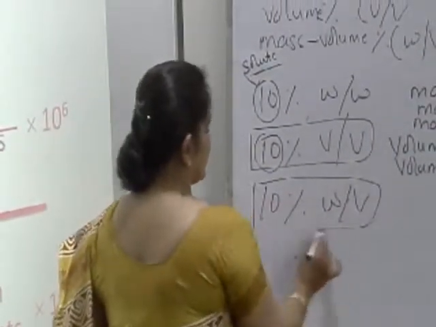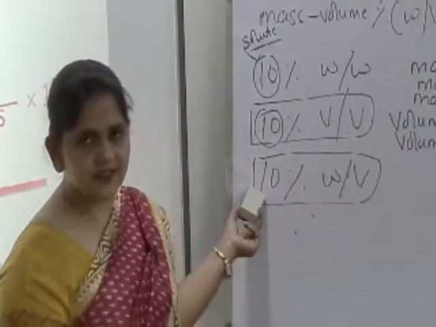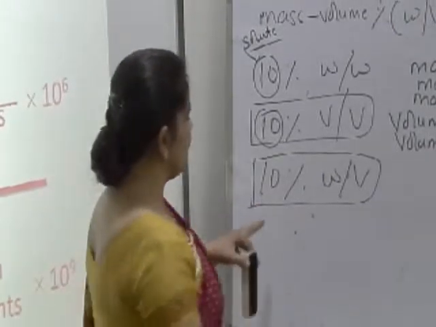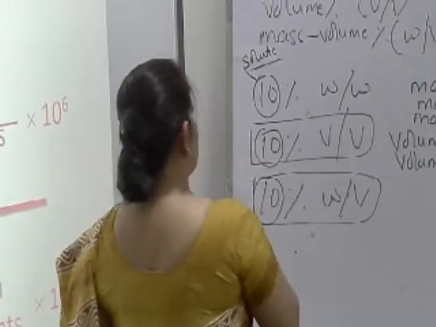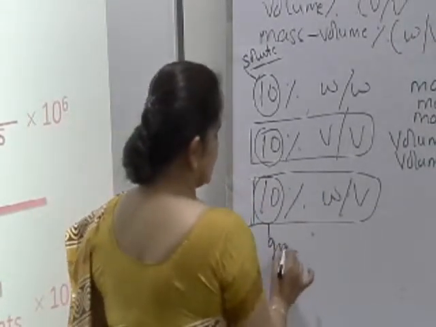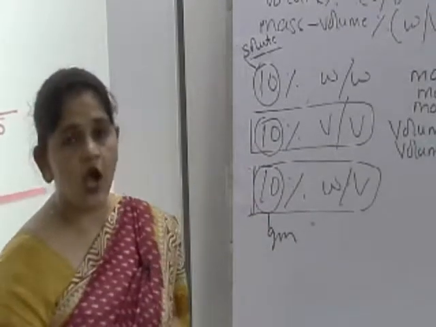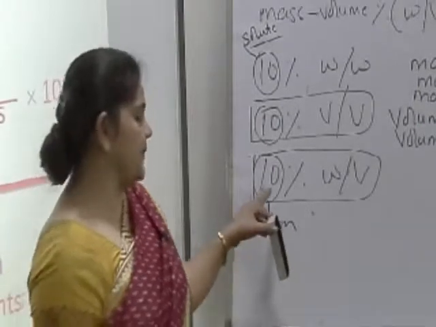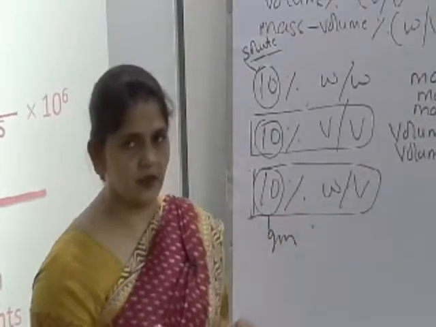Similarly, the third representation says 10% mass by volume. This means that the solute is given in grams, or it is talking about how many grams of solute are present in per 100 ml of a solution.